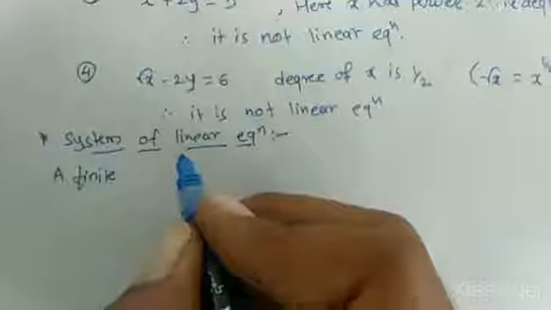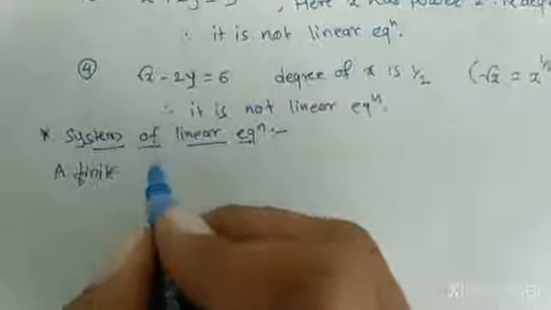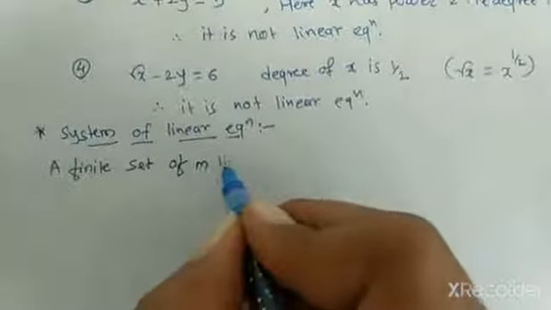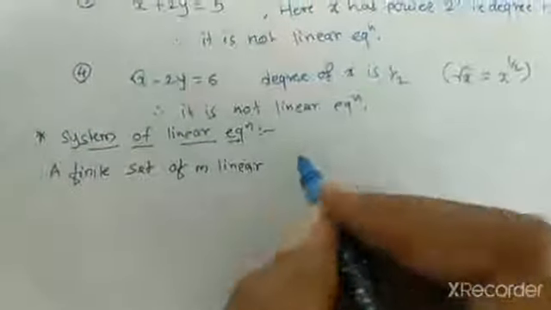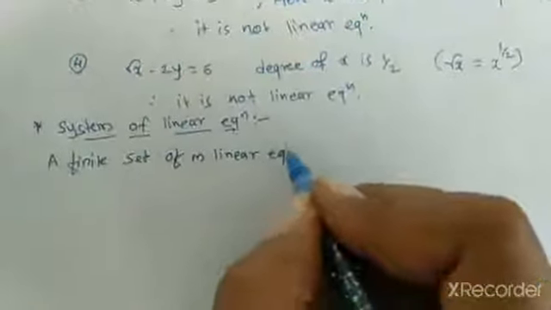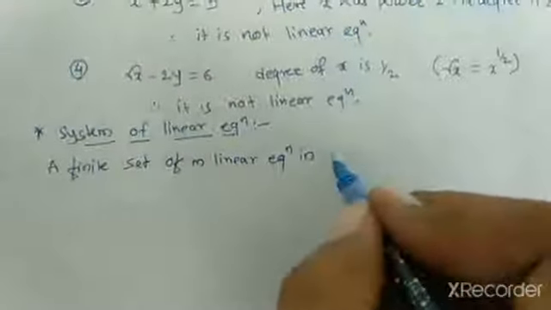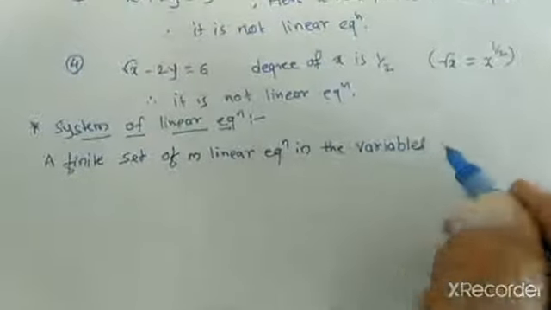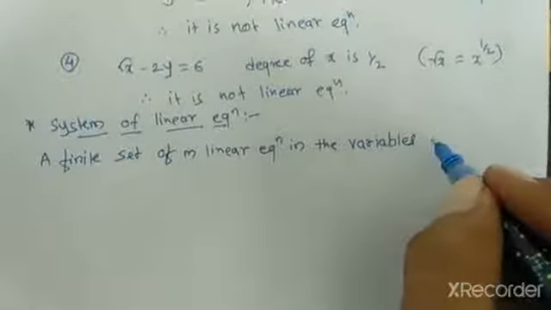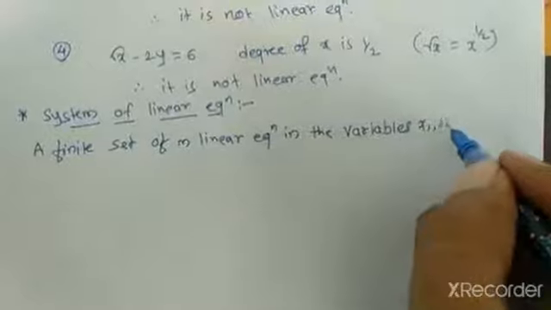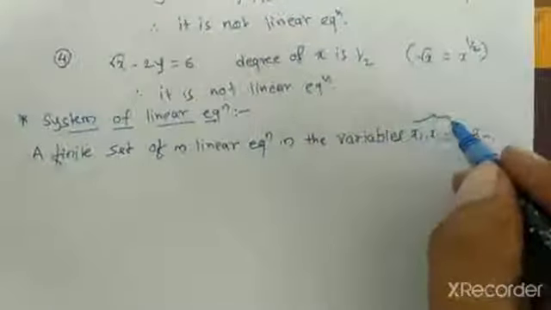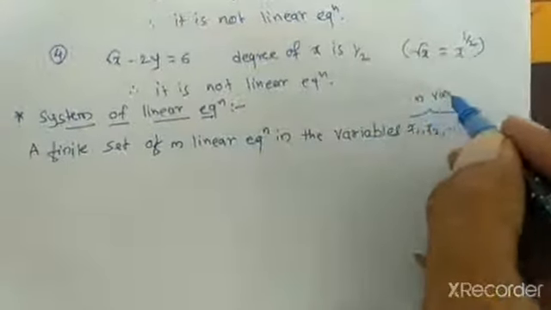Definition: a finite set of m linear equations in the variables x1, x2 up to xn. Okay, x1, x2, xn are n variables.